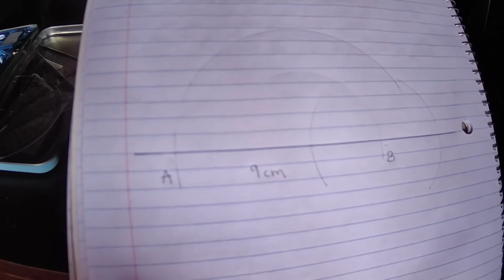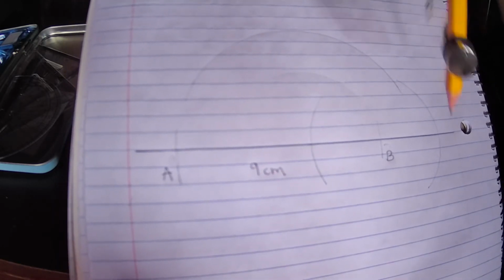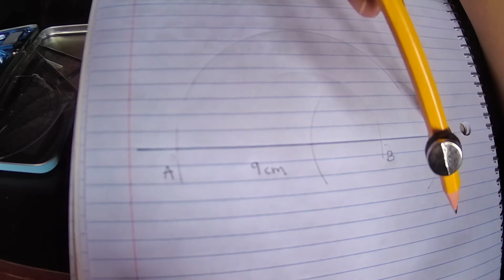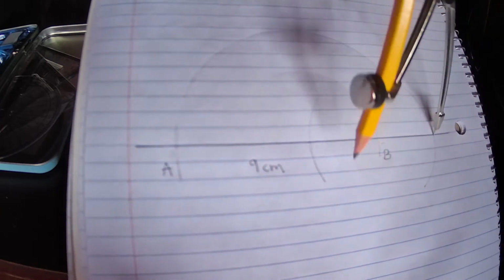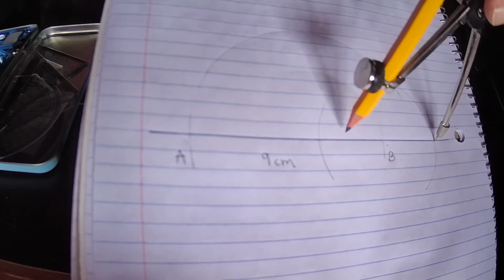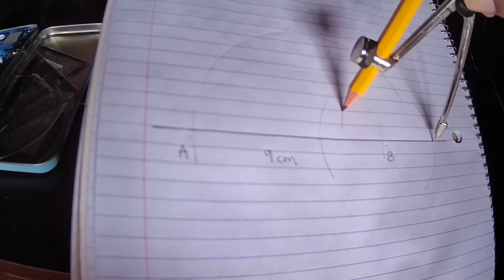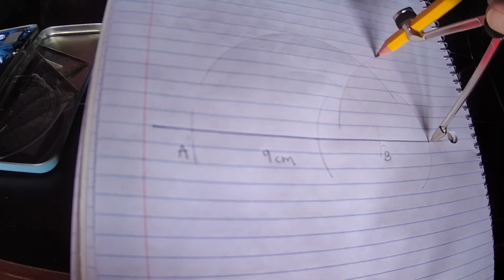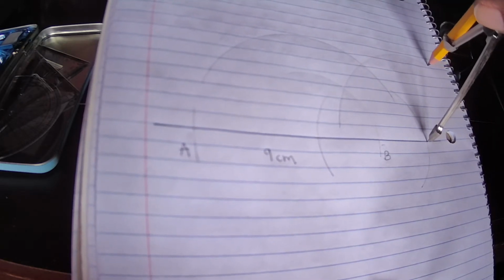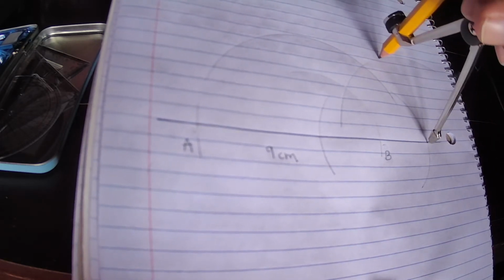Now we're going to repeat this process from the arc at the right. I'll place my compass point at this point of intersection of the arc and the line, and create another arc from my line up through my previously constructed arc over B.